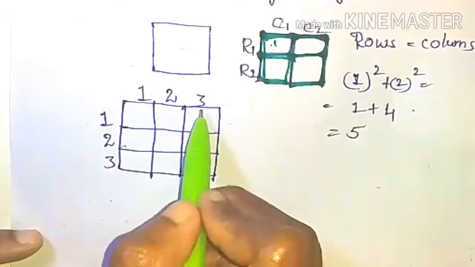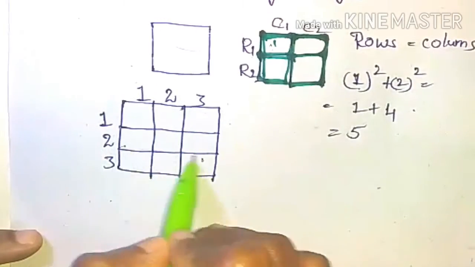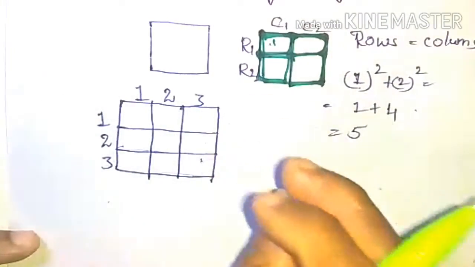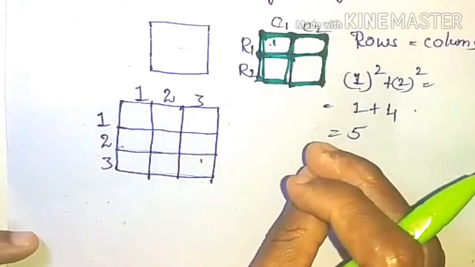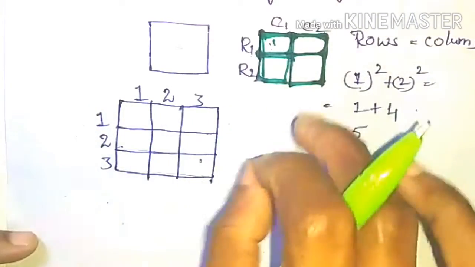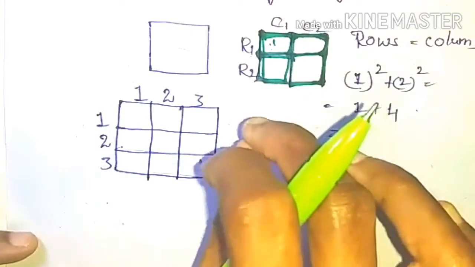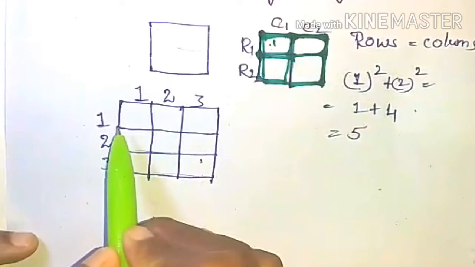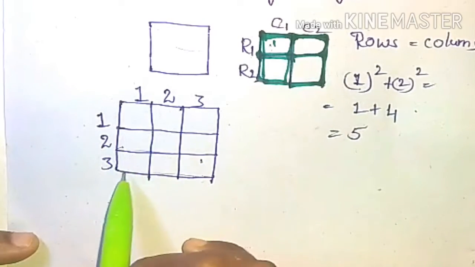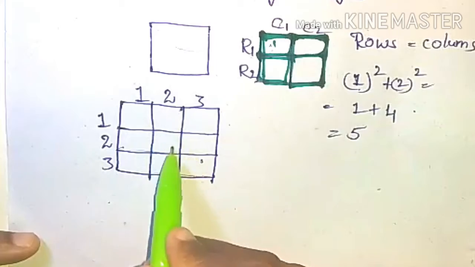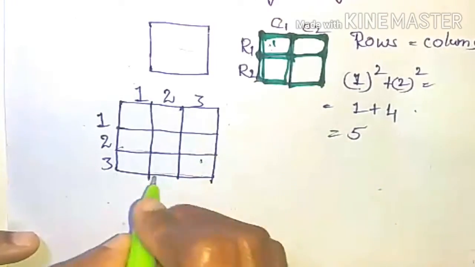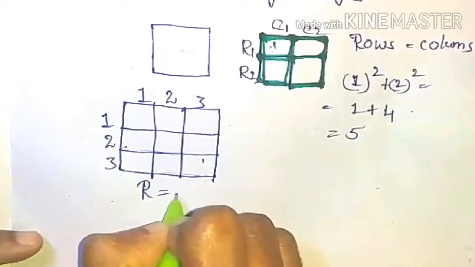These 3 are columns and these 3 are rows. One thing you have to observe here is that this condition is only applicable when the rows and columns are equal. Here the 1, 2, 3 rows and 1, 2, 3 columns are equal. Hence rows equals columns.